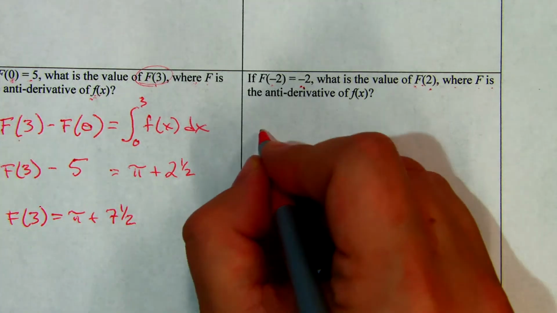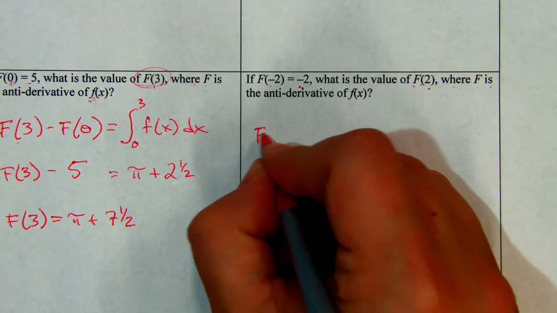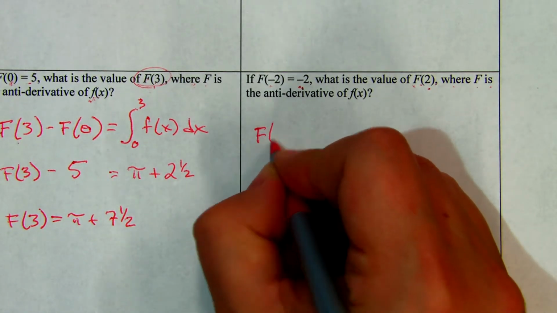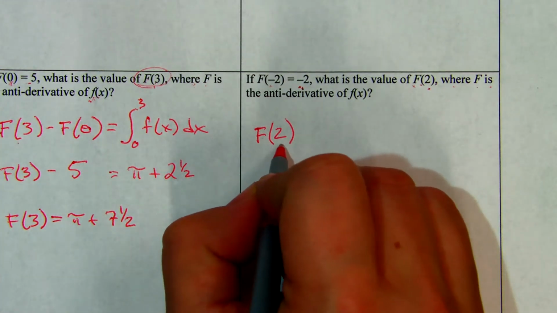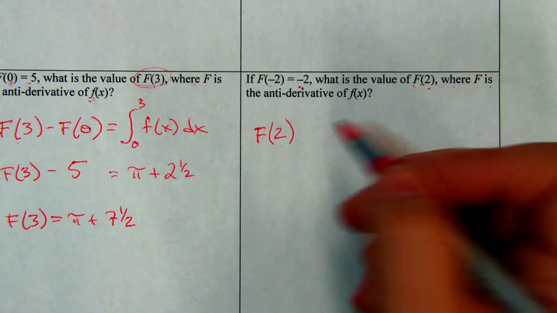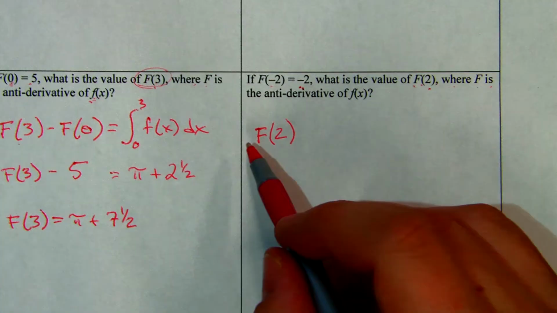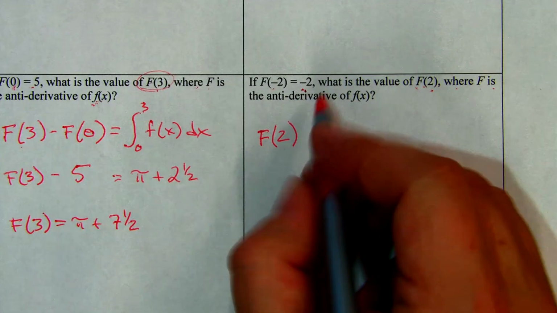Okay, well, let's look here. We've got F of 2. I always just write the larger x value first. It just means that you're going from left to right when you're doing your integrals. It makes it easier.